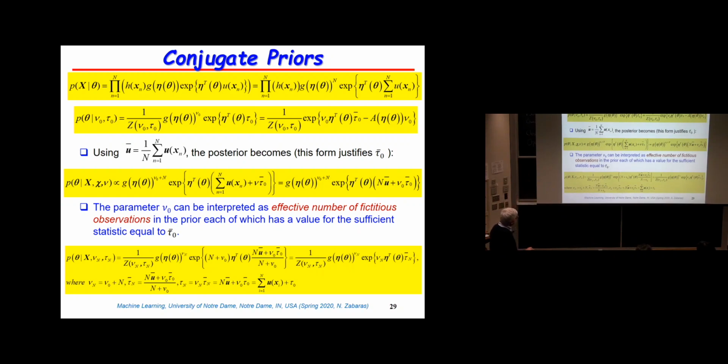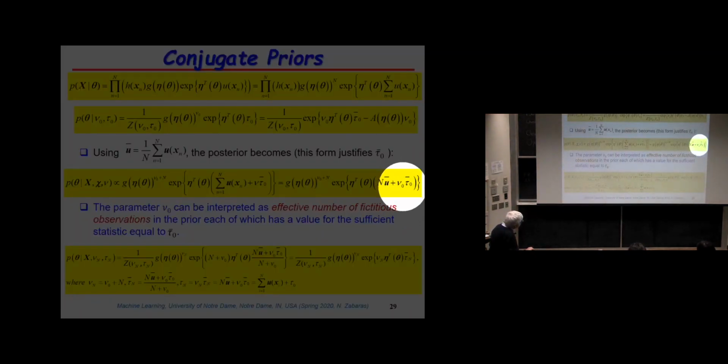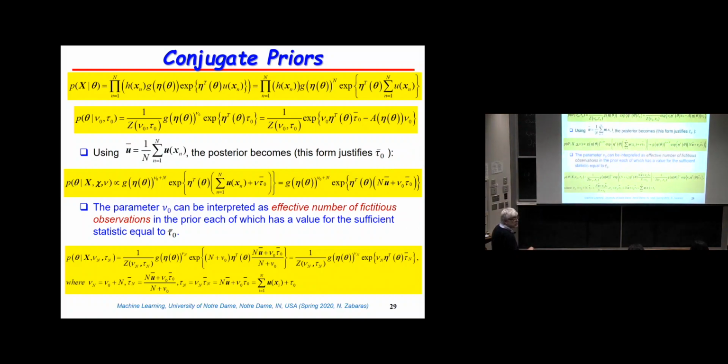So if you write it in this form, effectively nu 0 is the number of pseudo measurements introduced by the prior, right? So in the likelihood I have n measurements, each of them provides a u bar contribution. In the prior I have nu 0 measurements, and each of them provides a tau 0 bar contribution.